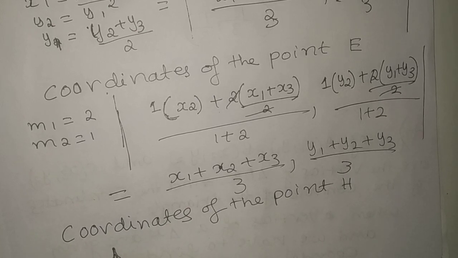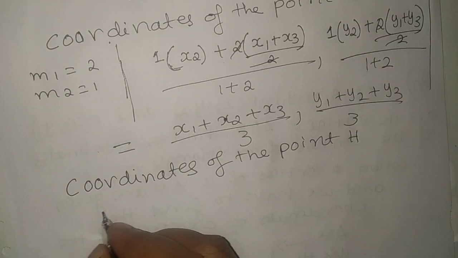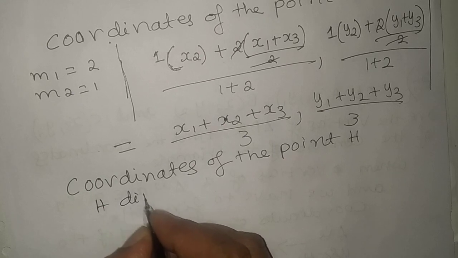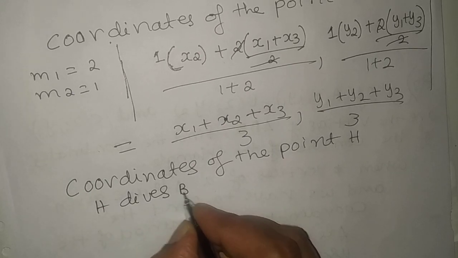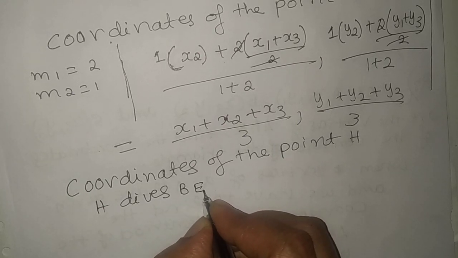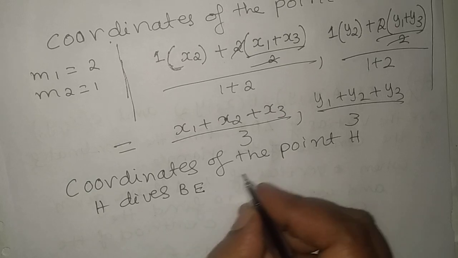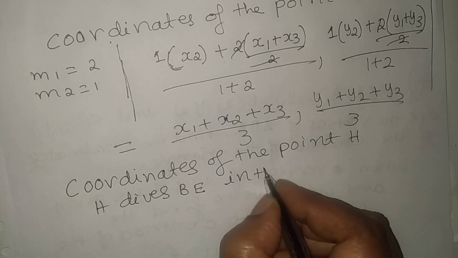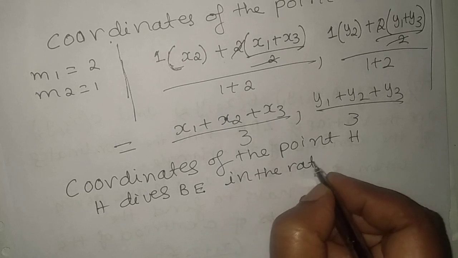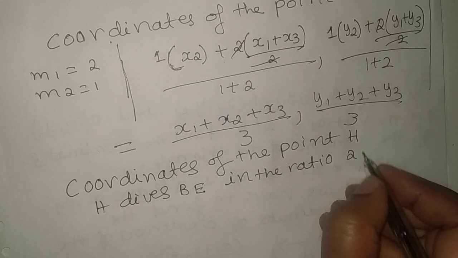So here also the point H divides BE. So H divides, since H is on BE, in the ratio 2:1.